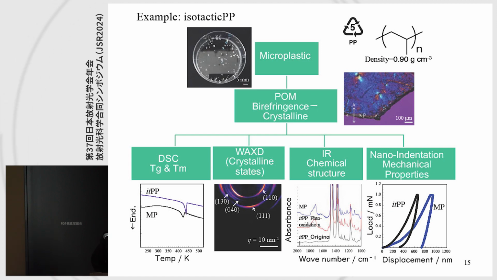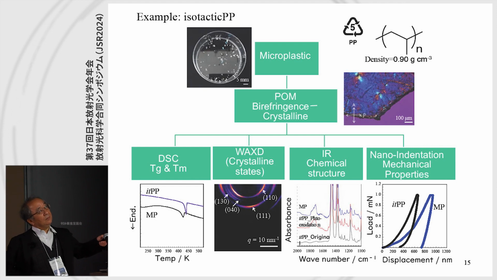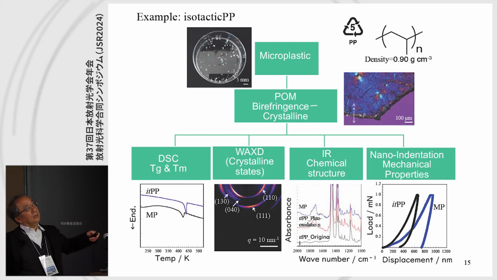When we collect microplastics, this is the one we collected from Tsushima, and finally we identified it as PP, polypropylene. First we analyzed it by polarizing optical microscope.